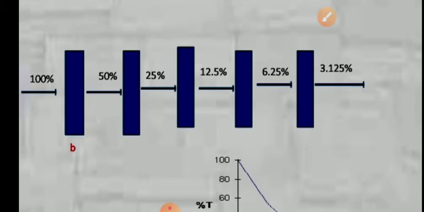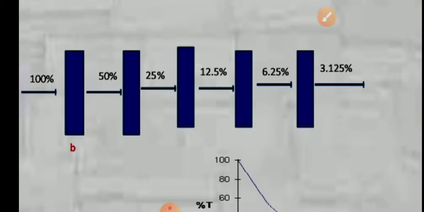If this 50% is incident on another sample, it will again absorb 50%. In the third tube, it will absorb 50% of 25, that is 12.5, and 12.5 will be transmitted.